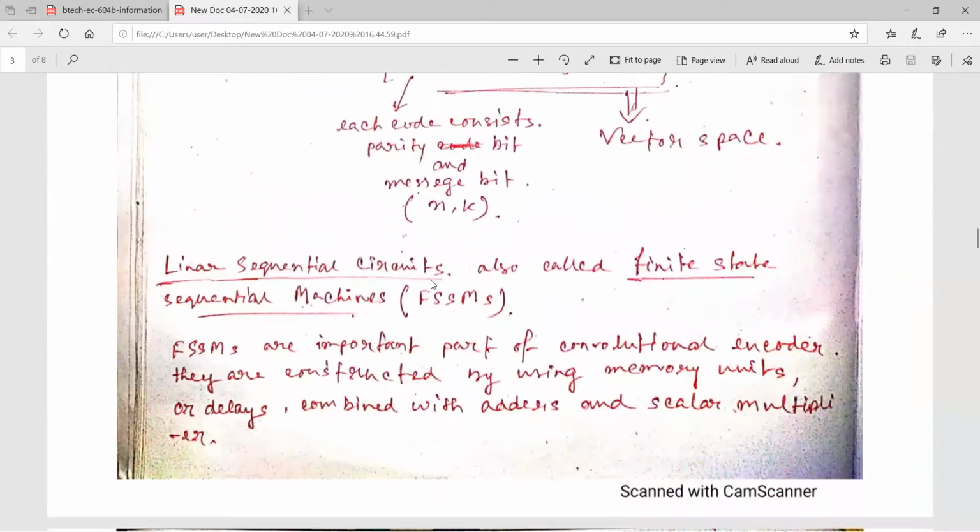This is the basic significance of the FSSM. Actually, the finite state sequential machine basically does one thing: it controls the timing instants of the input information bits. That's all.